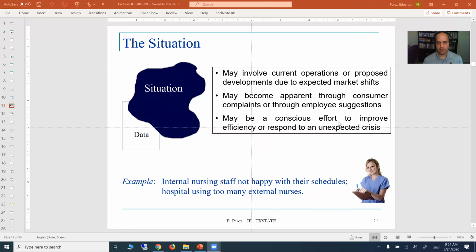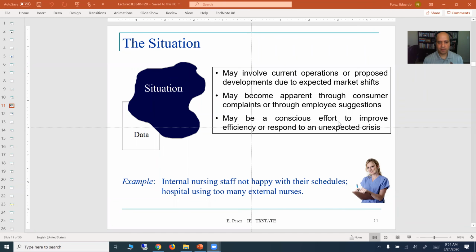I have an example here. I do a lot of research with hospitals and service systems, so I'm presenting an example. This is a scheduling problem for internal nursing staff, which is typical in a hospital facility: you have a group of nurses and you have to provide schedules for them on a weekly basis.